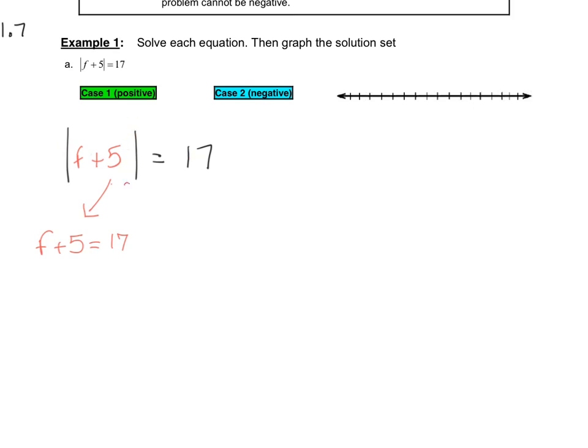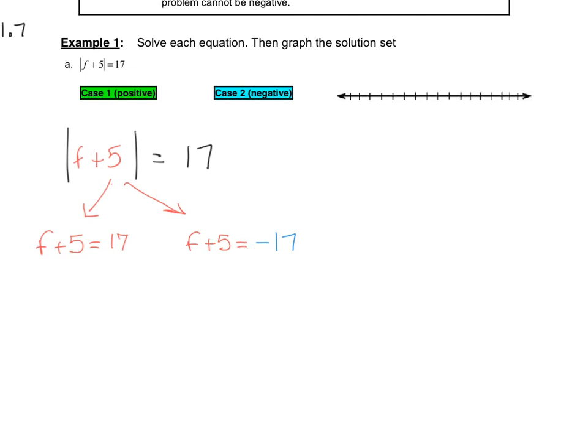The other option is that f plus 5 could possibly yield the value of -17. Because if this whole thing is -17, the absolute value of it is also 17.